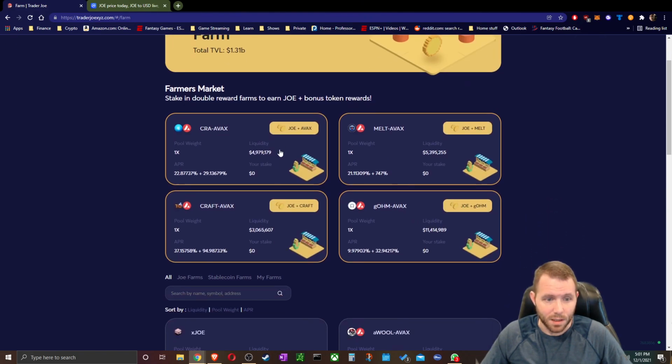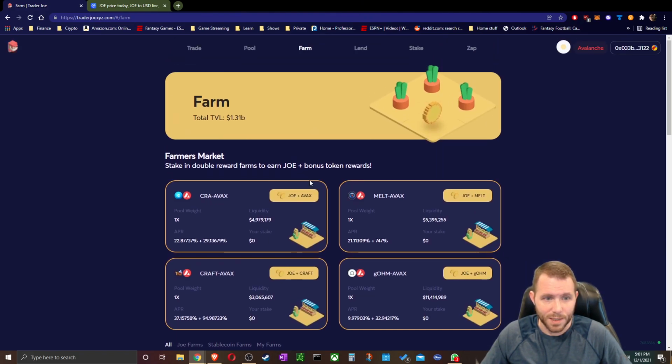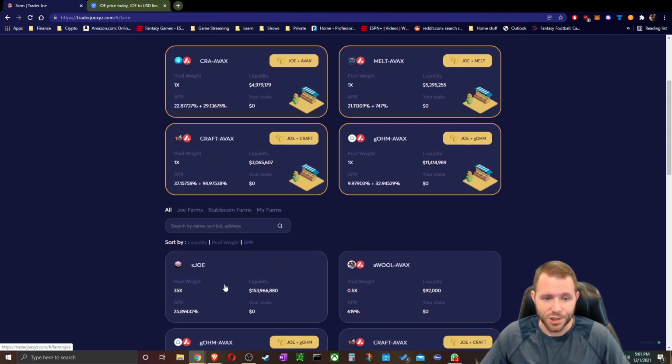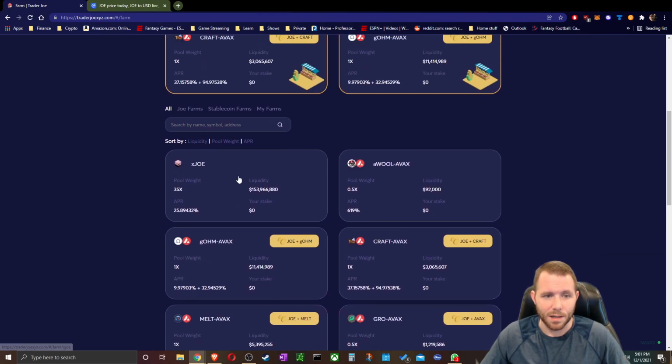That's all these are for, with the exception of, so you basically in farms, I think of it this way: you take your receipt tokens and you can stake them for additional bonus rewards. And there is a farm here for XJoe, which is a receipt token, but that's not a liquidity receipt token. So this is the only one on here that I know of at the moment. And remember, it's because it's its native token, so it's a little special.